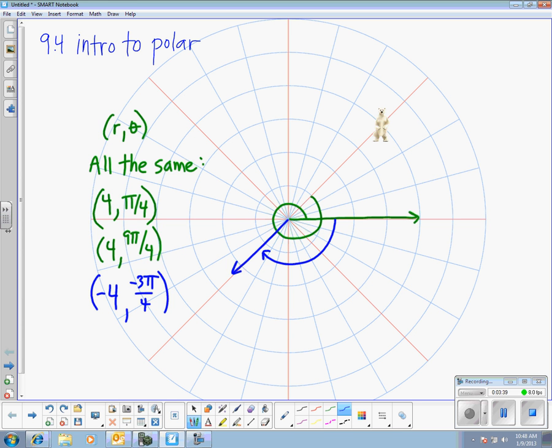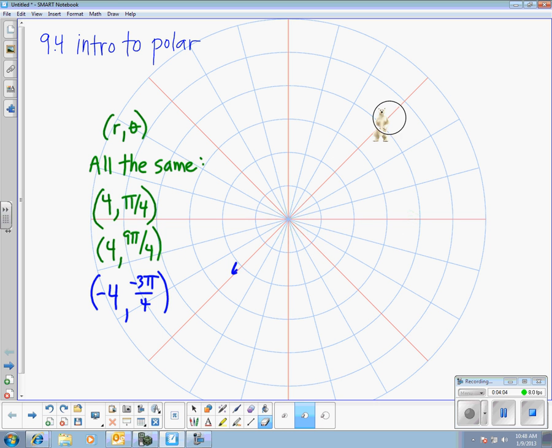So point the other way and take negative 4 steps. You still, 1, 2, 3, 4, end up back at the polar bear. So there are a lot of varieties in naming a point with polar, whereas in x, y you just had one option.